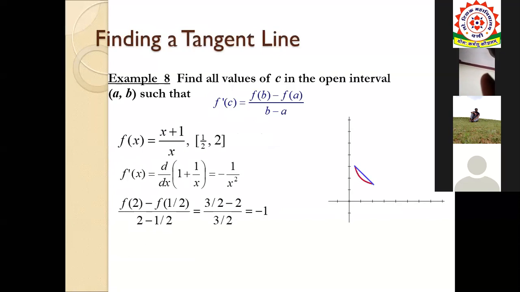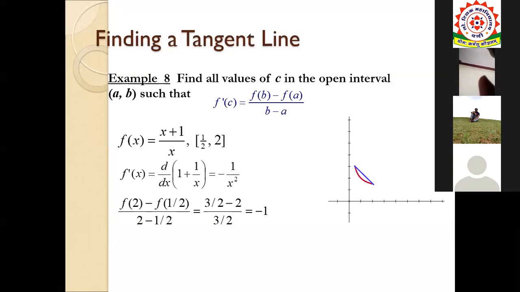The function f(x) is equal to x plus 1 upon x. The interval given is 1 by 2 and 2. Find the derivative. Its derivative is minus 1 by x square. Find f of b minus f of a, where b is 2 and a is 1 by 2.